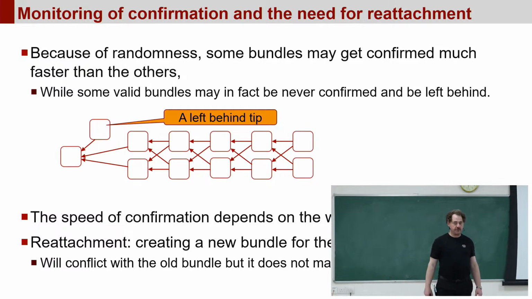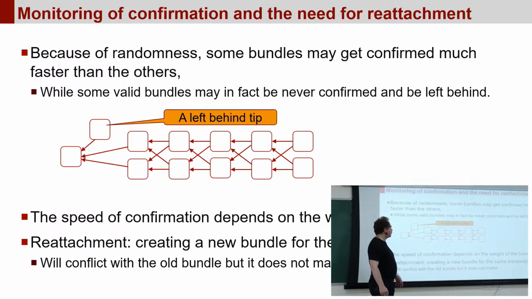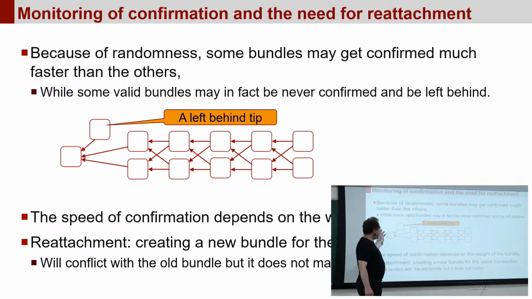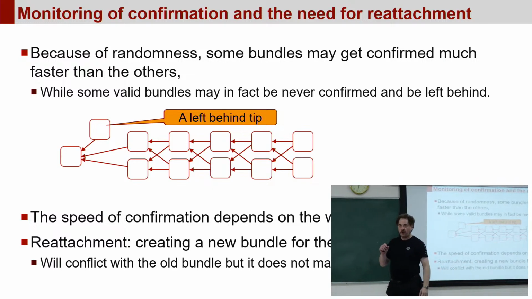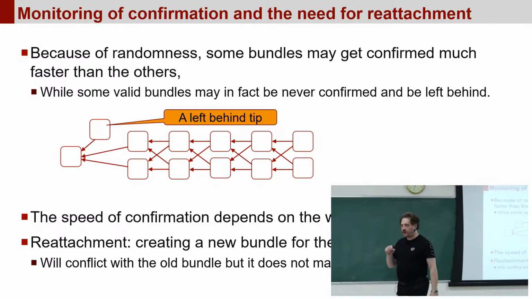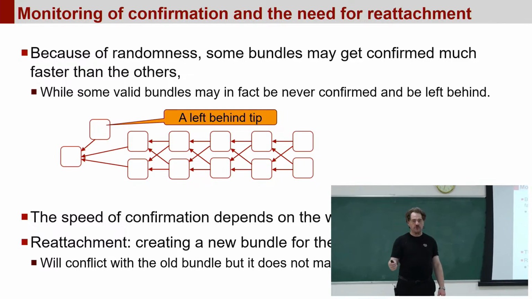Well, the computation of probabilities is totally different. And it can always be that even though your transaction was successfully appended to the DAG by many nodes, it's still possible that this transaction will be left behind.